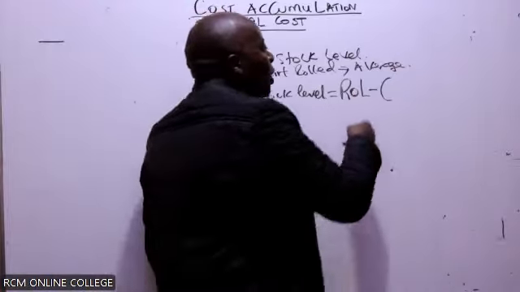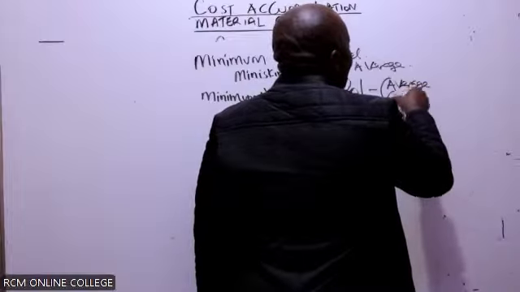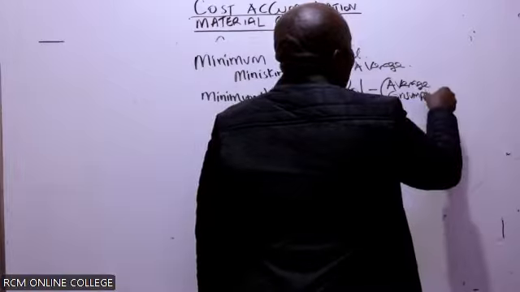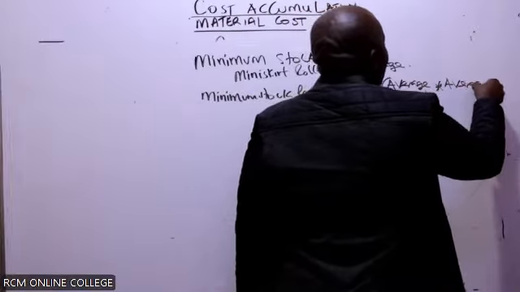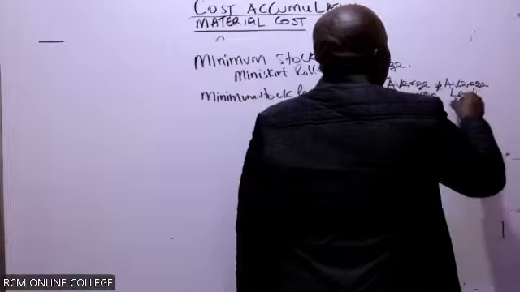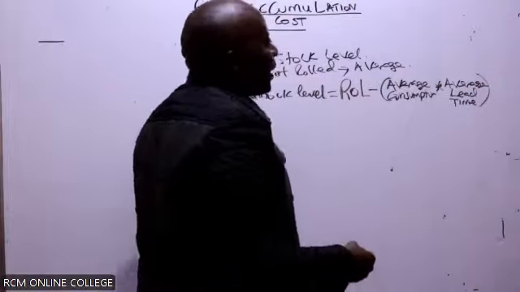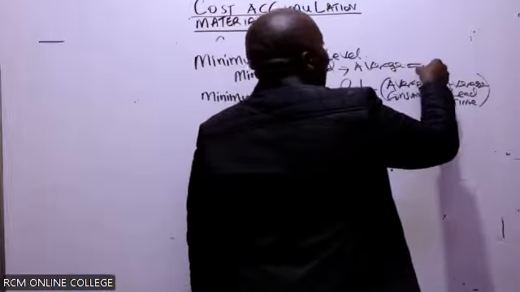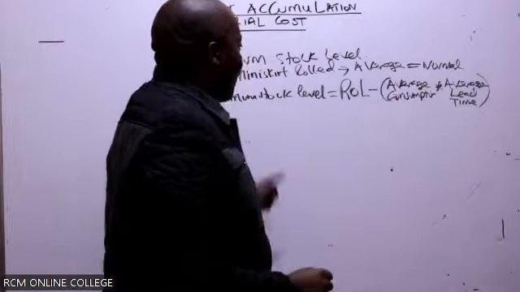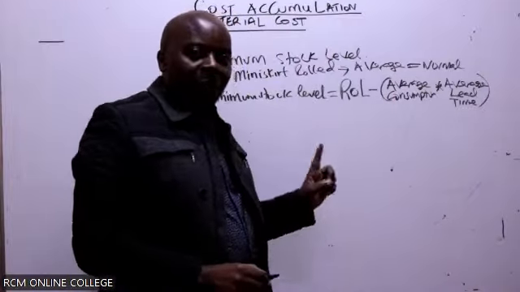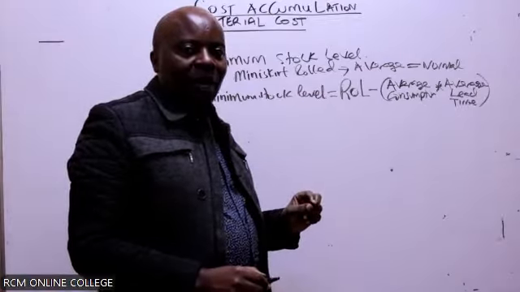So we are looking at average consumption times average lead time. Remember that average is the same as normal, but I prefer saying miniskirt rolled, I become average, not normal.